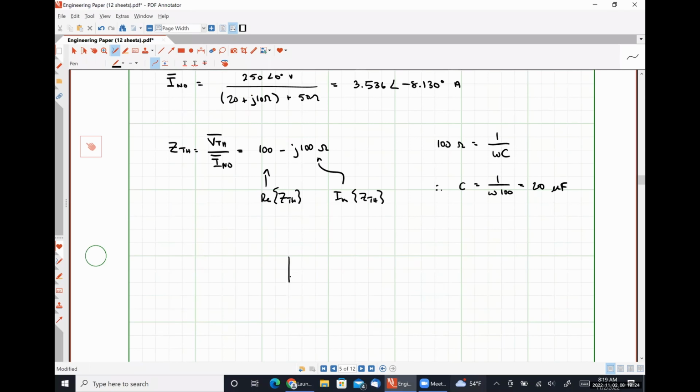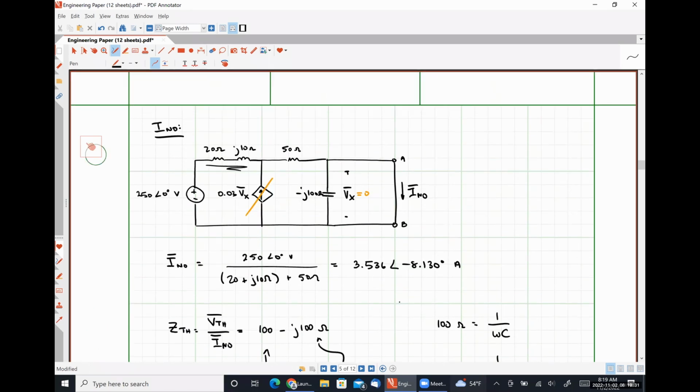And from this, let me give myself enough room here to write things down. The Thevenin equivalent circuit is VTH, let me find where I have that.